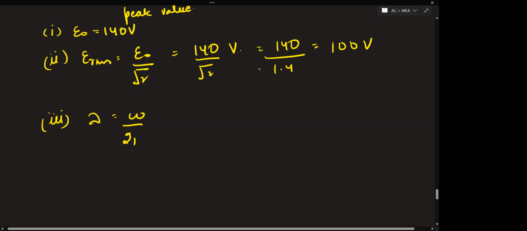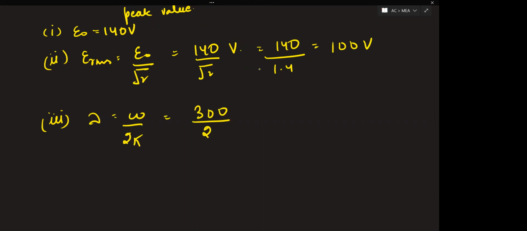Omega by 2 pi. So omega is 300 divided by 2 pi. Pi's value is around 3.14. If you round it off to 3, that will be approximately 100 by 2. That will be 50 hertz.